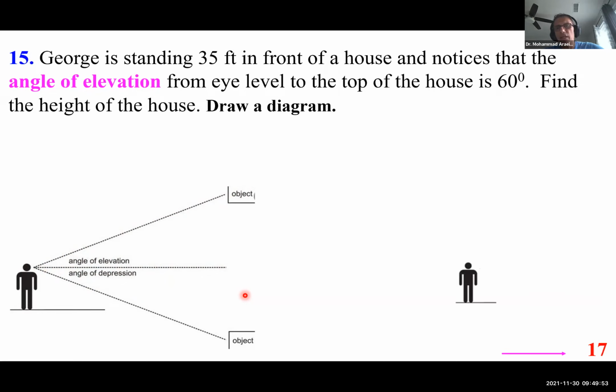So we're standing here. Here's the horizontal line, looking up, having the angle of 60 degrees, the distance of 35 feet here, and the height is of interest to us.